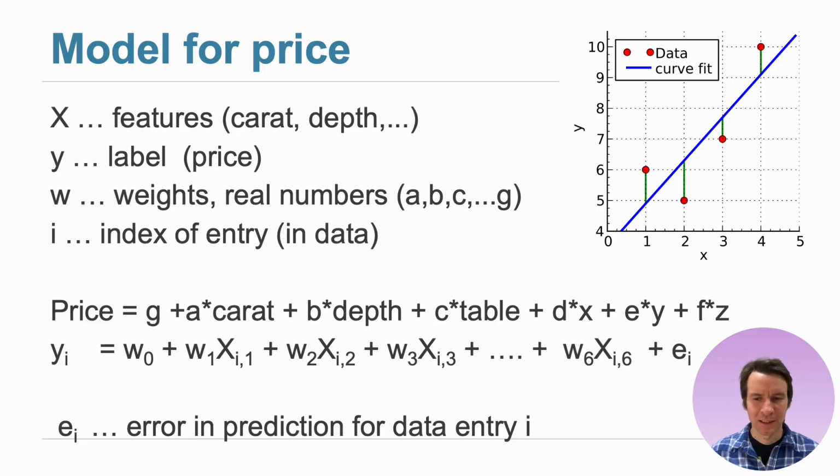And the green line is the error. How off is the line, the prediction, the thing that we would think our model is giving us as the price, from the actual price? And I would like to have a model such that these green lines, the errors, are small. If they are small, life is good. You have a good model. If the green errors are big, then maybe the model is not right.